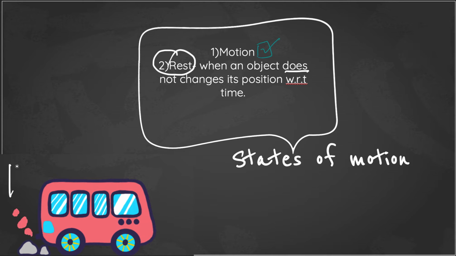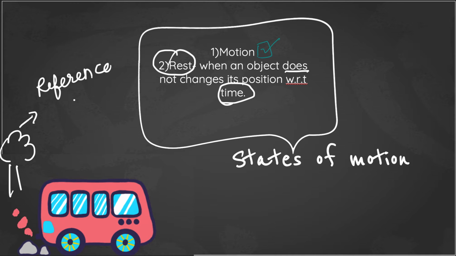For example, if I draw a tree over here again, and this bus is standing here, with respect to the time and with respect to our reference point, if it is not changing its position with respect to the time as well as the reference point, then we can say that the bus is in a state of rest. Because neither is it changing its position with respect to the time nor with respect to the reference point.